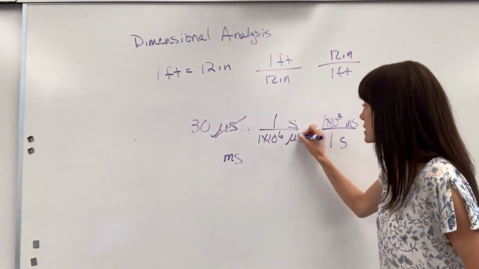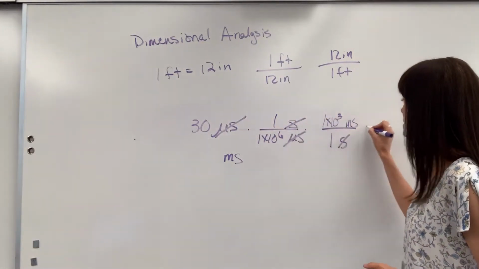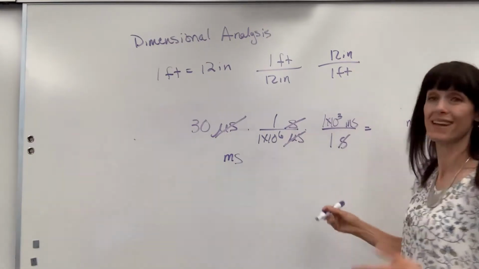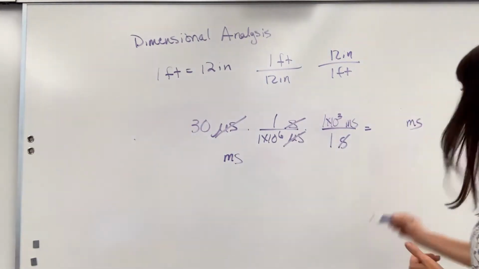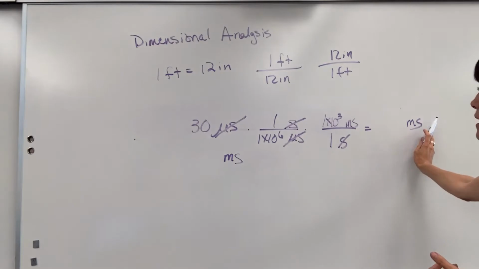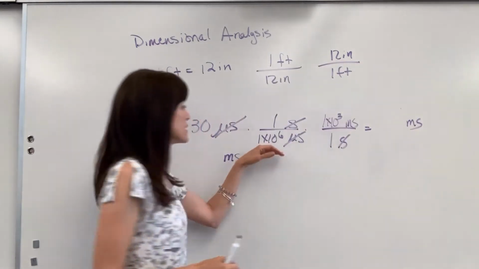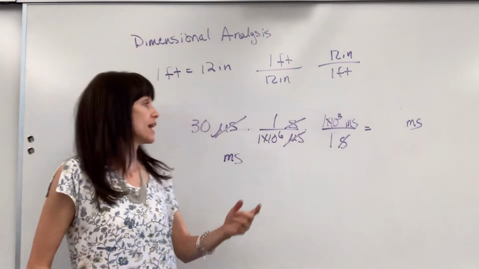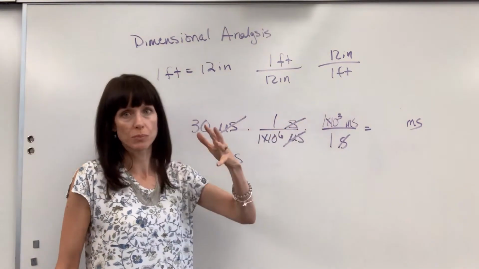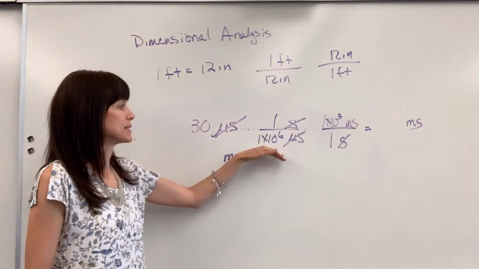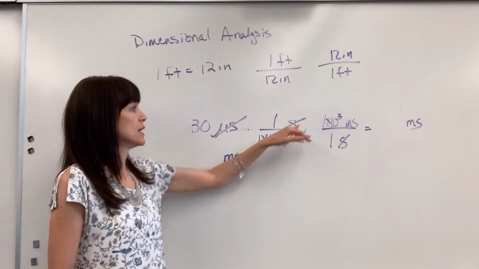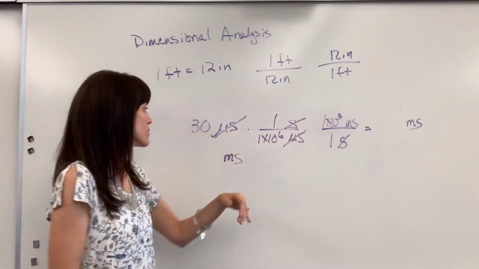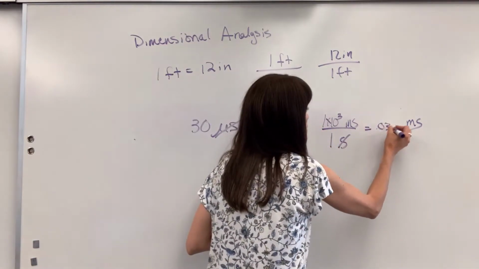The microseconds cancel, seconds cancel, and what we wanted is what we get. We have the milliseconds right there. So do our math. Anything in the denominator is divided, anything in the numerator is multiplied. So 30 divided by 1 times 10 to the 6 times 1 times 10 to the 3rd is going to give us 0.030 milliseconds.